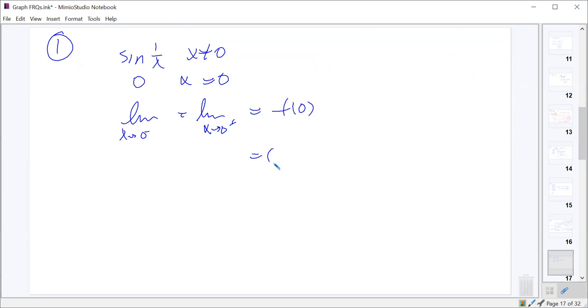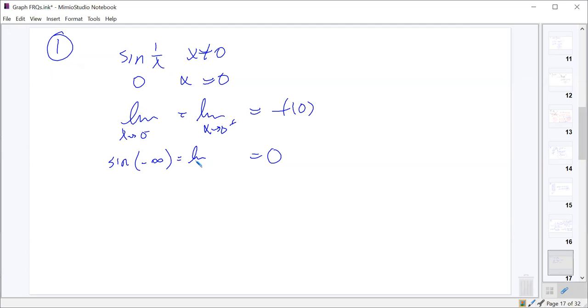So here, as we approach 0 from the left, what happens to sine of 1 over x? Sine of 1 over a very small number becomes the sine of basically negative infinity, right?